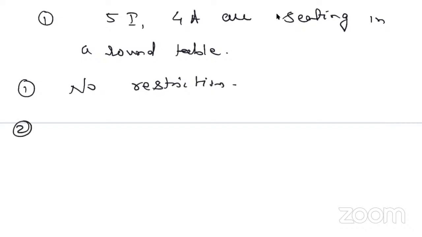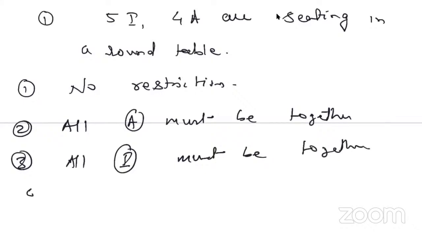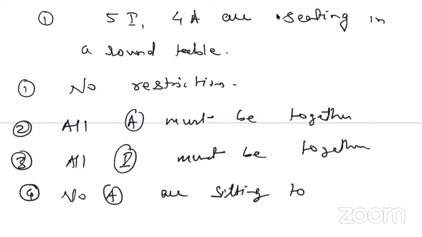Second condition, all Australians must be together. Third condition, all Indians must be together. Fourth condition, no Australians are sitting together. Only four. Try this.